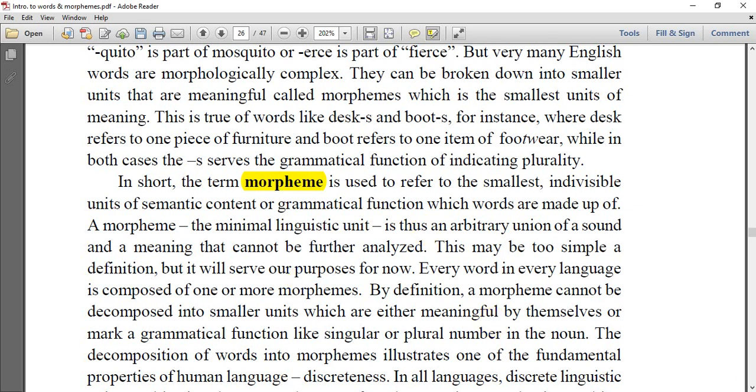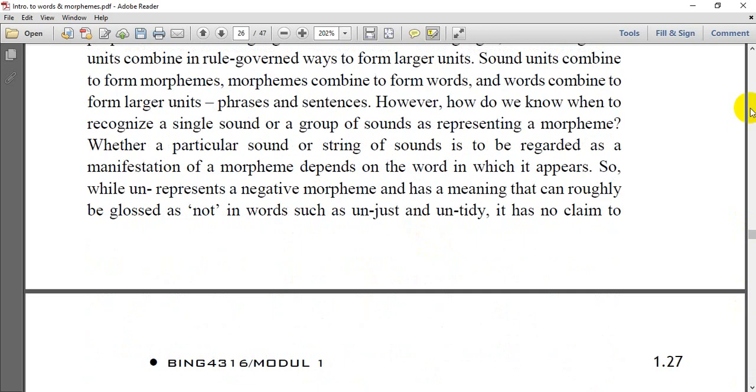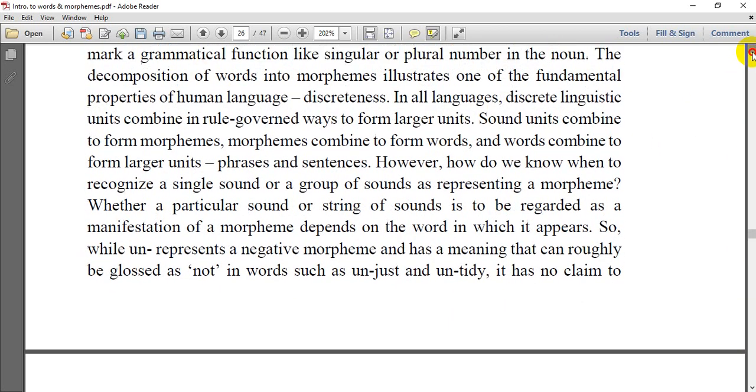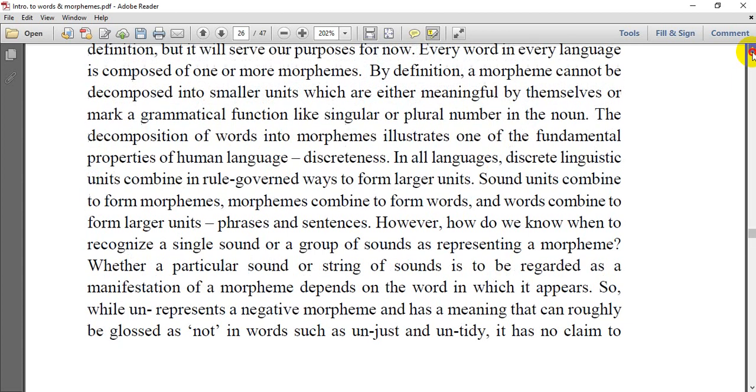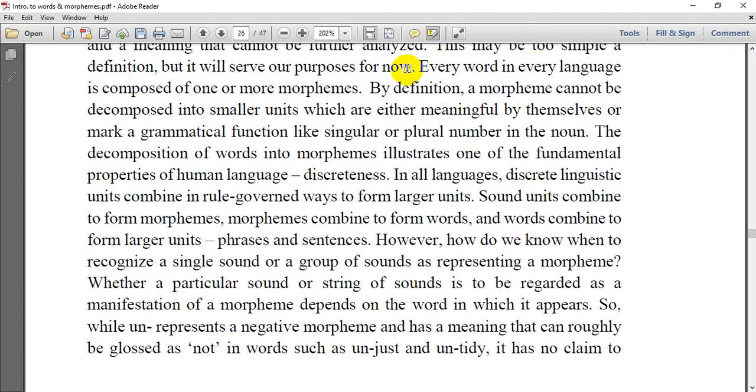Every word in every language is composed of one or more morphemes. This is in general.